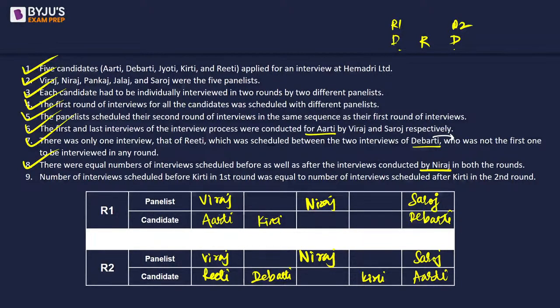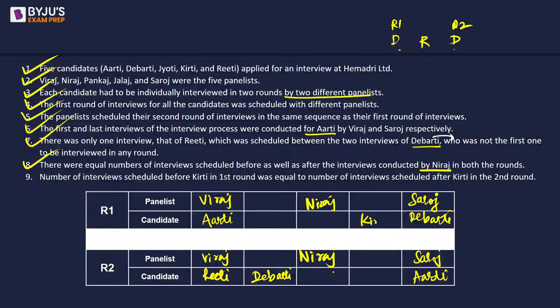So that number of interviews before Kirti is 1, number of interviews after Kirti is 1. चलो, ये possible है. The next is if I take Kirti here, number of interviews before Kirti is 2. So Kirti has to be here. Number of interviews after Kirti is 2. But Kirti cannot be in the same sequence being interviewed by the same person. We need to have 2 different panelists, right? So Kirti cannot come here.